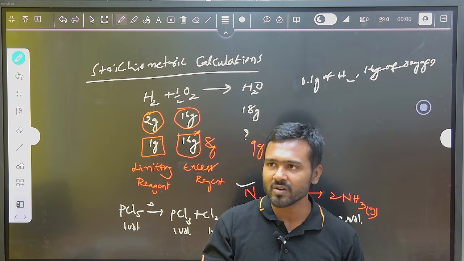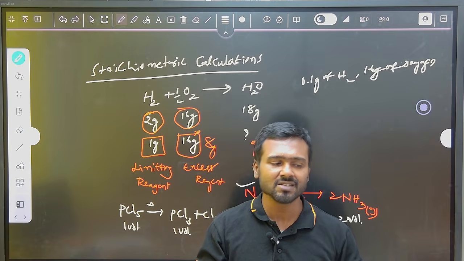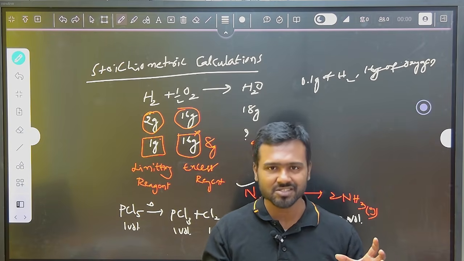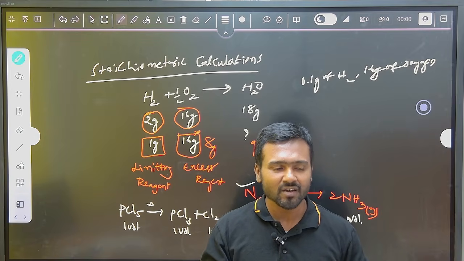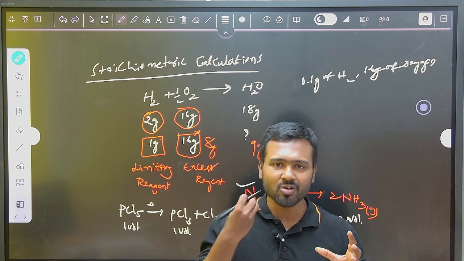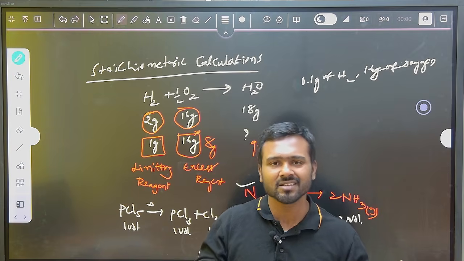Especially you will consider this in combustion reactions. If it is a complete combustion reaction, where any hydrocarbon reacts in the presence of excess oxygen, they may not even mention excess amount. If they say it is a complete combustion, you always have to consider oxygen the excess reagent. No need to mention this is limiting, this is excess.